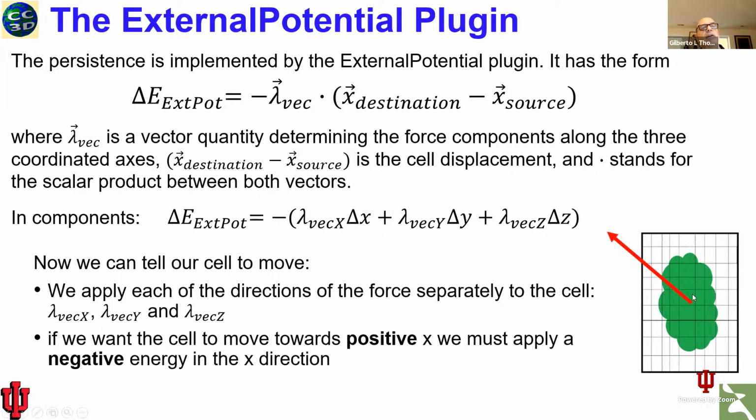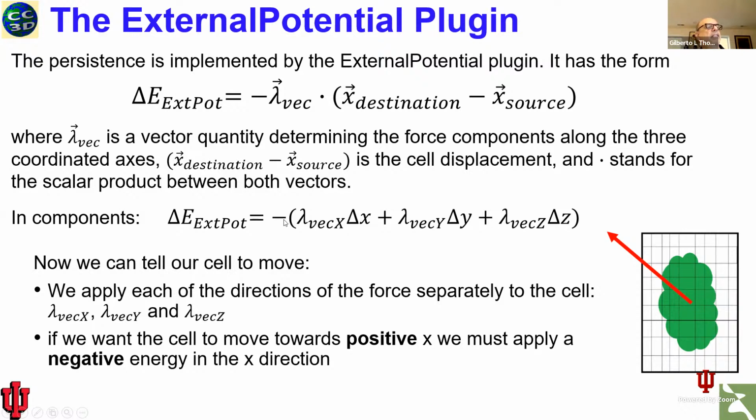The green cell here is in that position at the beginning of the step, let's say. The red one is the force being applied to the cell at this instant of time. And the direction of this red vector is given by this lambda vector x, y, and z that you provide in your code.